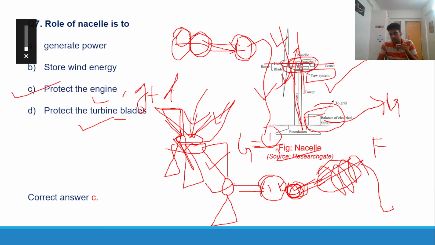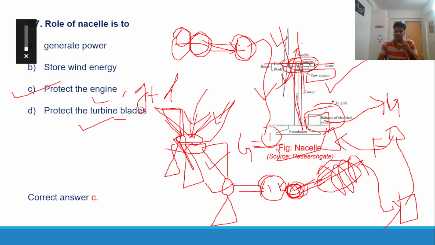There is a transformer here which transforms the voltage produced, and a lot of wind turbines are placed one by one. These are connected, and the whole power is then put to the subsystem here. This subsystem feeds it to the grid, and from this grid we use it in our homes.